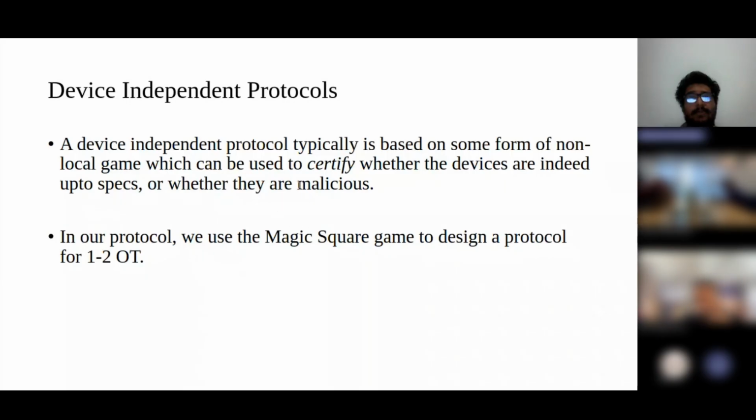Now it turns out that if this condition is satisfied, by something called a rigidity theorem, which you'll see, you can guarantee that the state being shared is very close to the ideal state that you wanted, and the measurements are also in some sense close to the ideal measurements that you wanted. In our protocol, which we're going to see pretty soon, we are going to use this game called the quantum magic square game. So for the next few slides, I'm going to talk about magic square. Questions before I move on?